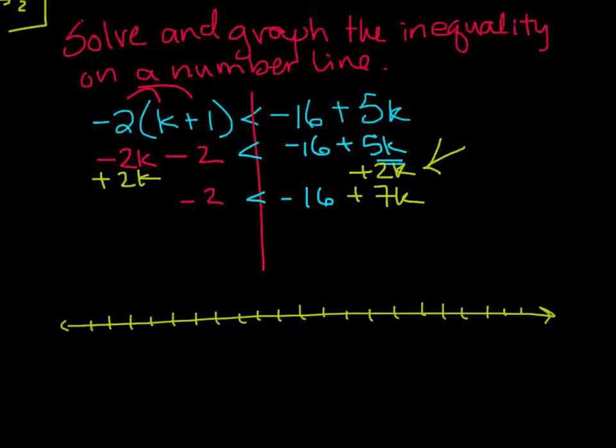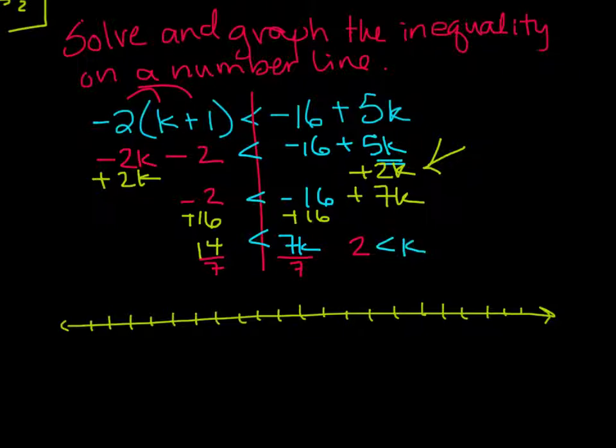Now let's add 16. We're continuing to combine like terms. So we have positive 14 is less than 7k. Now we can divide by 7. So 2 is less than k.